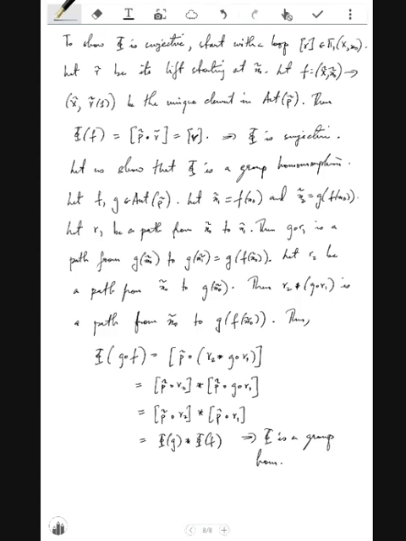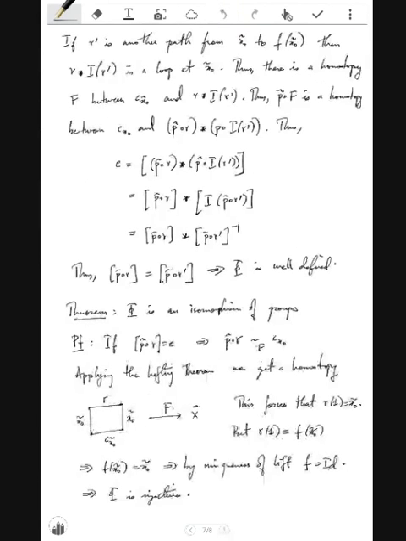Now the earlier argument shows that phi is injective. Assume phi is a group homomorphism, which is proved on the next page.